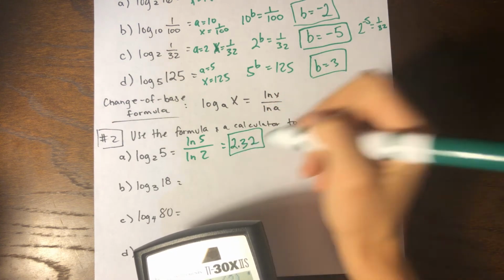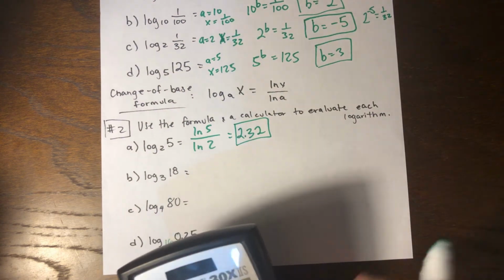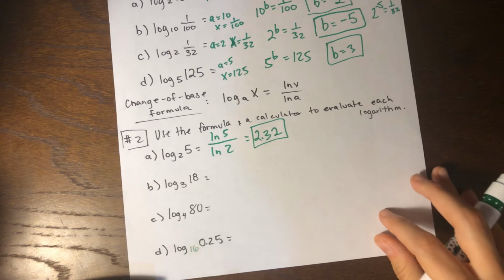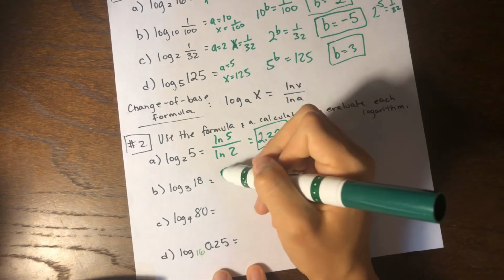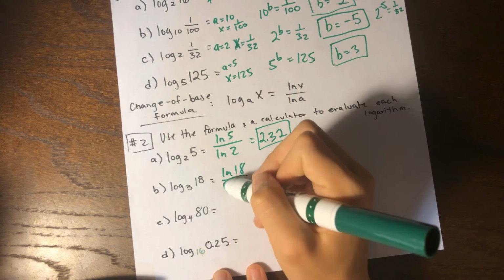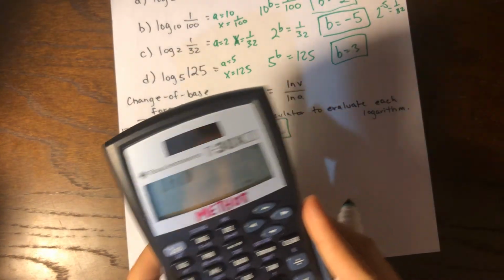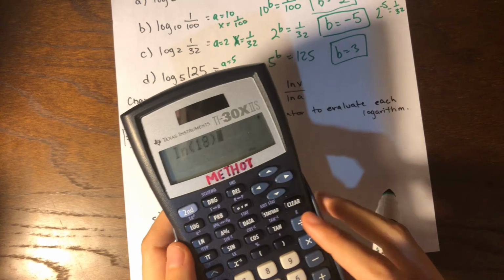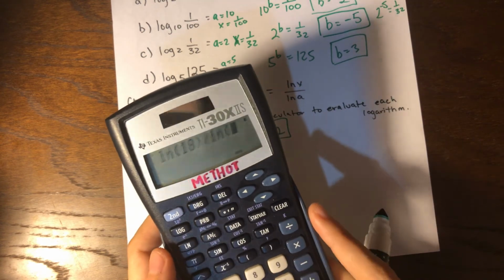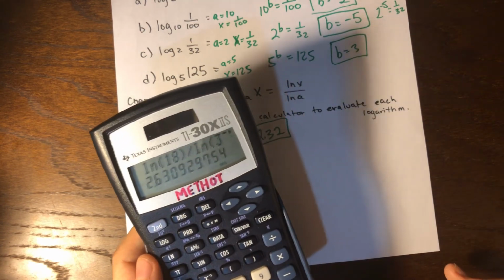And that's all they want. This is an approximation. Okay, so log base 3 of 18. So we have the natural log of 18 over the natural log of 3, and we're solving. Natural log of 18, close parenthesis, divided by natural log of 3. We get 2.63.